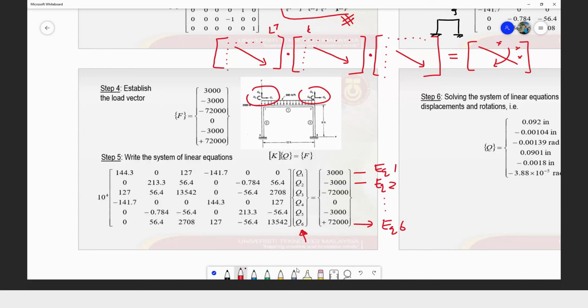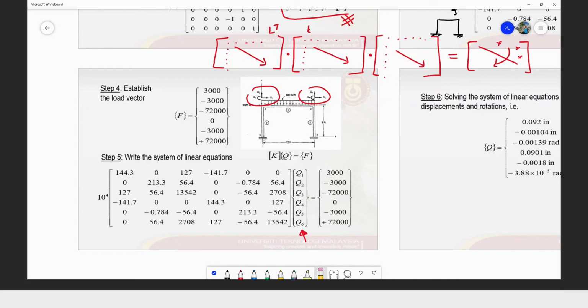So dalam this, kalau in case dalam you all punya problem memerlukan untuk dapatkan reaction kan dekat support tu, and then you have to expand lah the equation yang nak pakai saja.